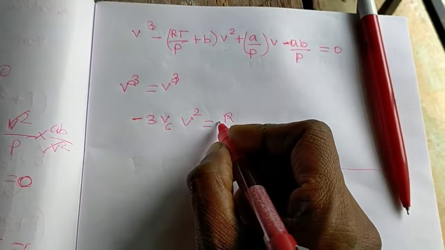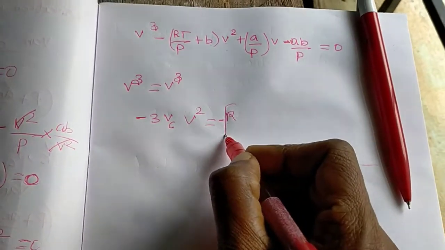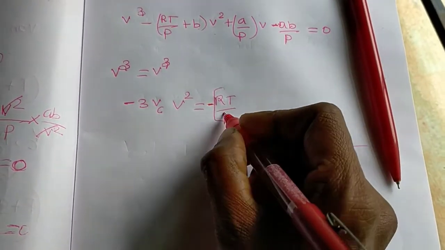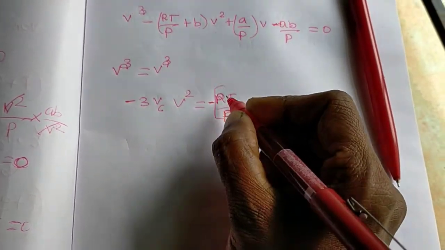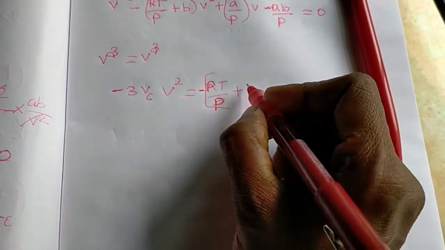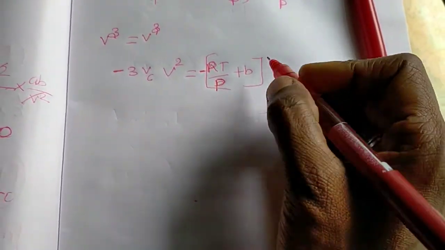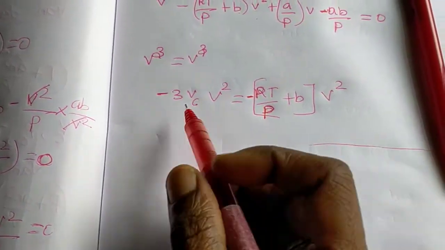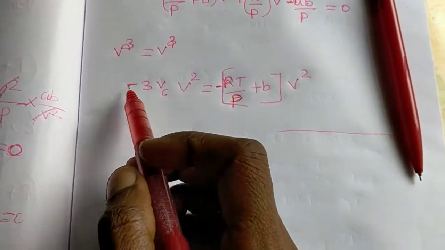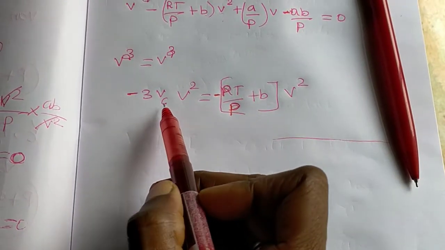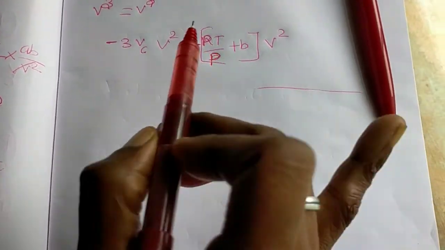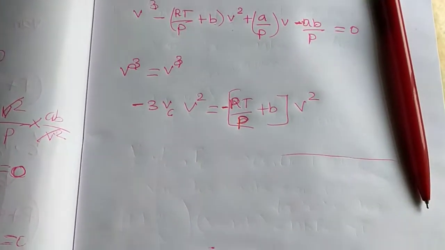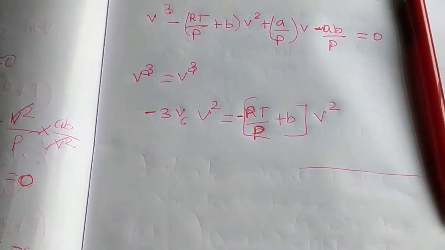Minus (RT by P plus B) into V square. Then equalize these two, and find out the value of Vc. From all this calculation, we have to find out Vc, Pc and Tc.